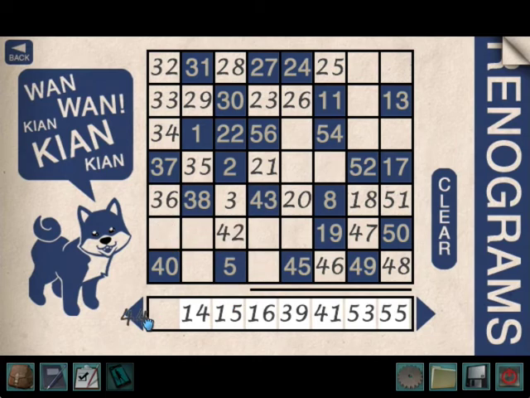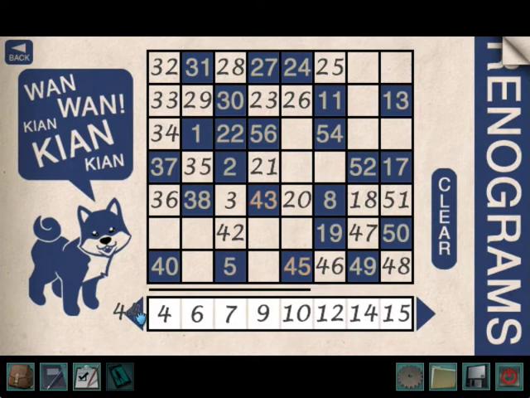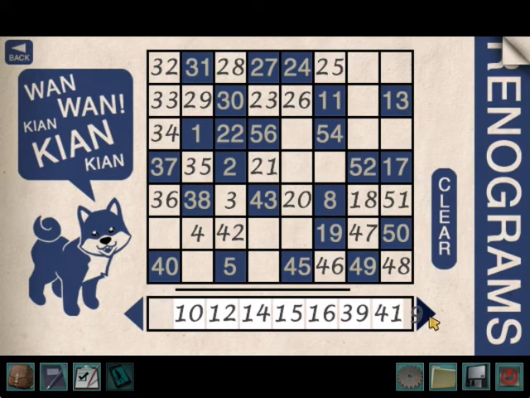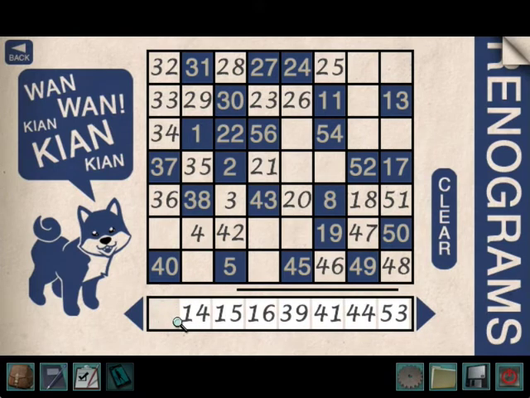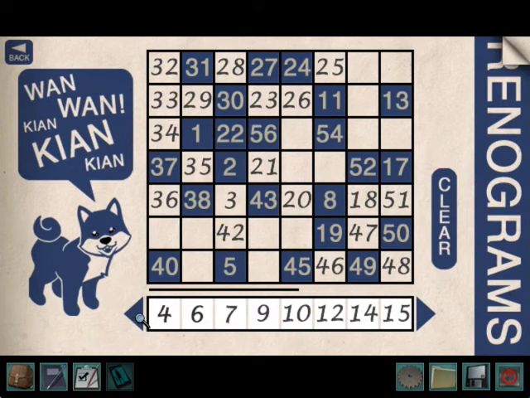Okay, I think I see how this works now. 4 goes here, which means... Wait a minute. Never mind. Can I... No, I don't want to switch. I just want to put him back. There we go. Let's see.